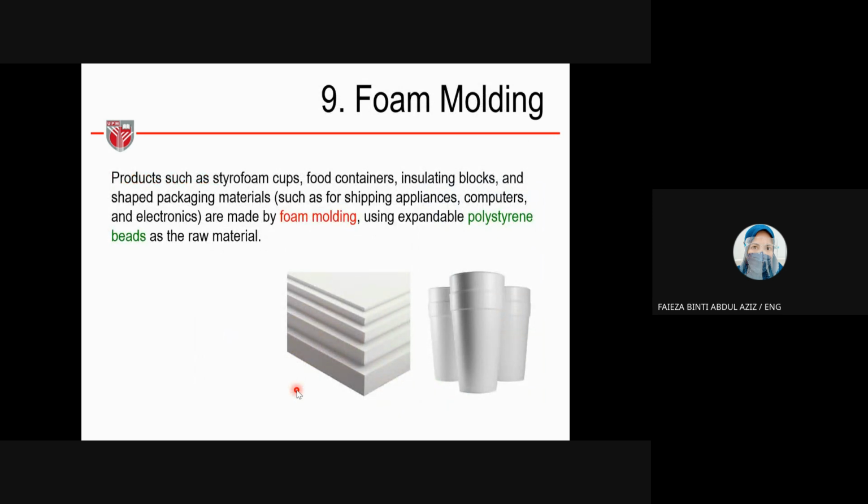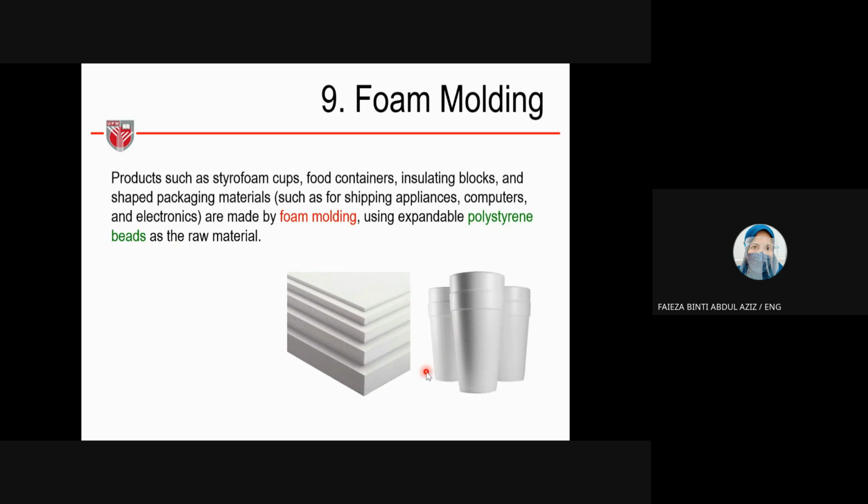And number 9 is foam molding. Products such as styrofoam cups, food containers, insulating blocks, and shaped packaging materials such as for shipping appliances, computers, and electronics are made by foam molding using expandable polystyrene beads as the raw material.